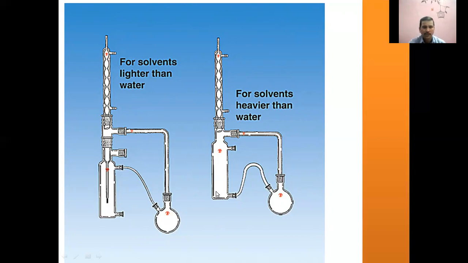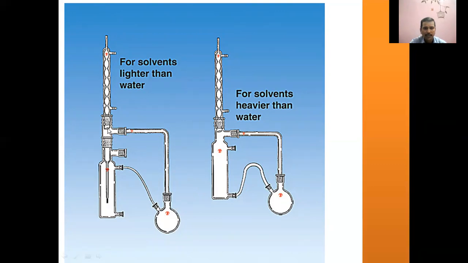This is also a simple equipment. This is a solvent reservoir, where the organic solvent is taken. And the organic solvent will be heated in order to convert it into vapor. And the vapors of the organic solvent will pass here, and because this is a condenser tube and this condenser will reduce the temperature, at that temperature the vapors of the organic solvent will be condensed back into liquid.